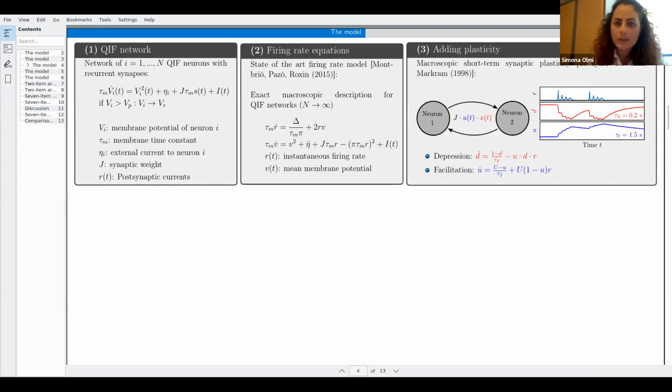Together with this, we take into account the macroscopic short-term plasticity developed by Tsodyks and co-authors in 1998, where the evolution of the depression and the facilitation are taken into account.